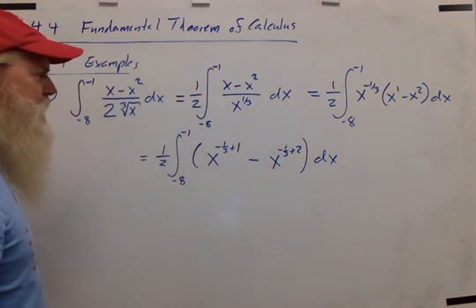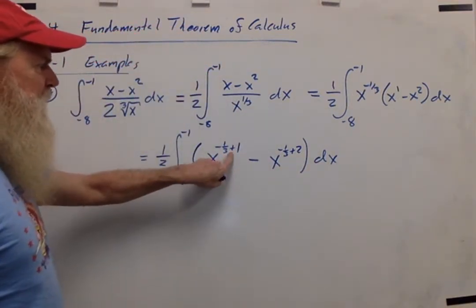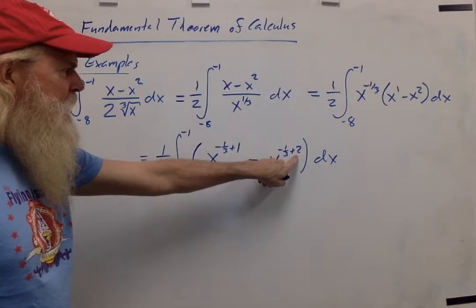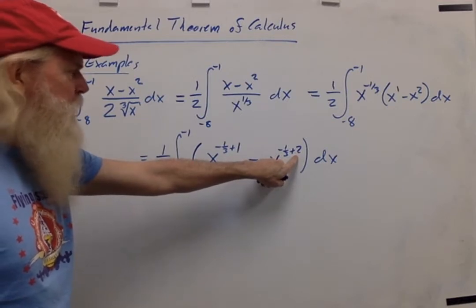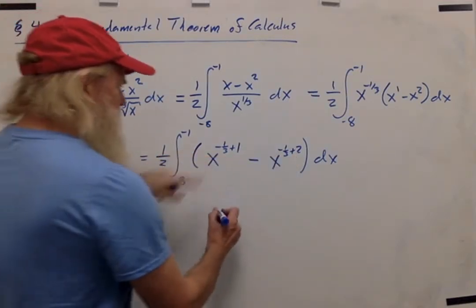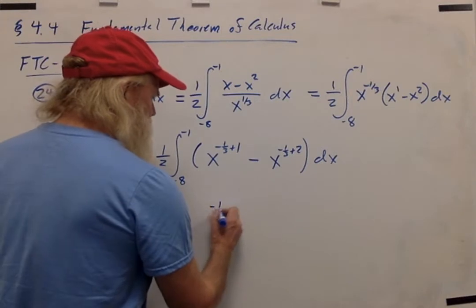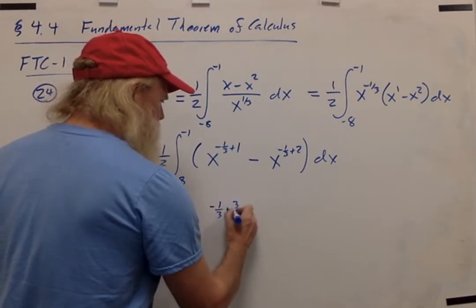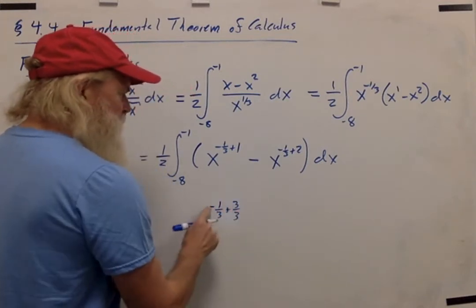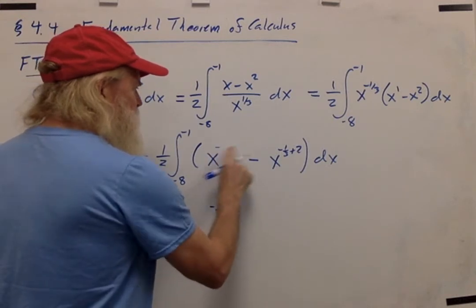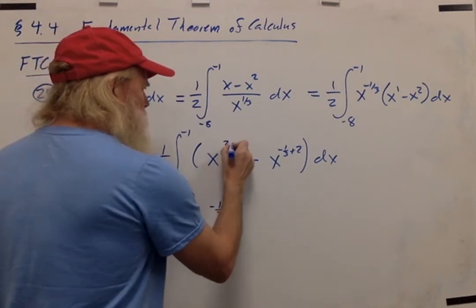adding those exponents. So here I need to take negative 1/3 plus 1. Here I need to take a negative 1/3 plus 2. Let's do that arithmetic. Negative 1/3 plus 1 is negative 1/3 plus 3/3, and 3 minus 1 is 2. So this first exponent is x to the 2/3.